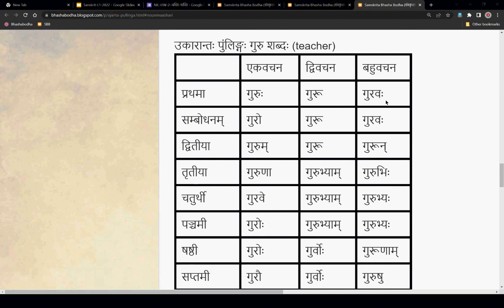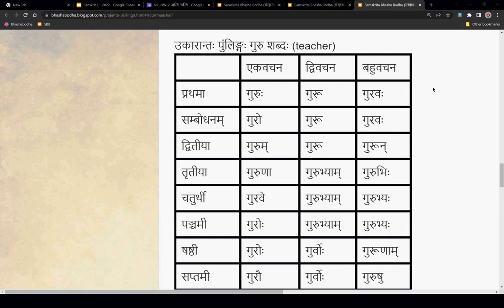Guruhu, Guru, Guruvaha. Guram, Guru, Gurunam.